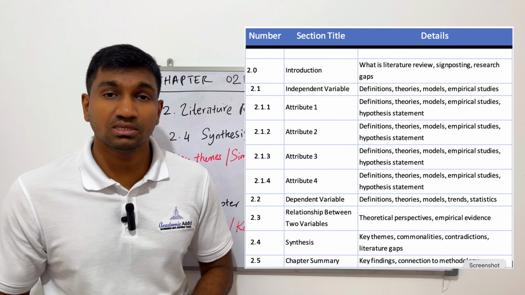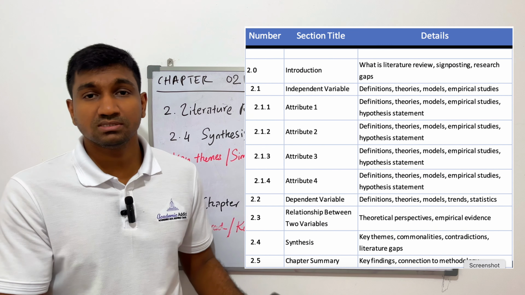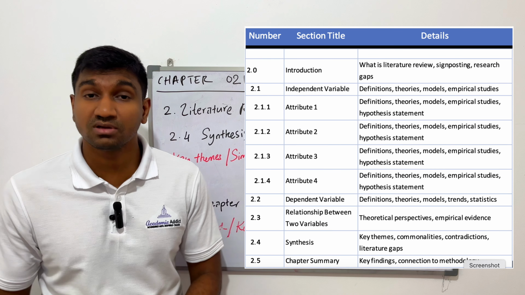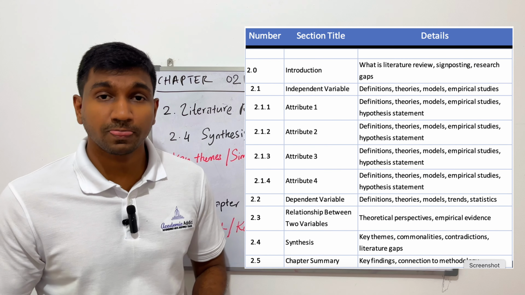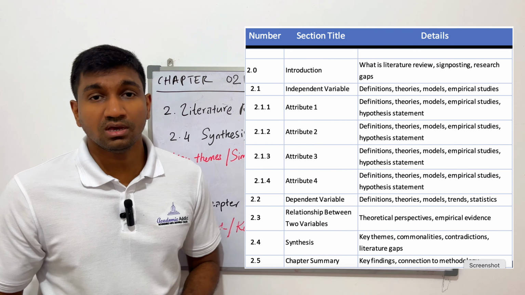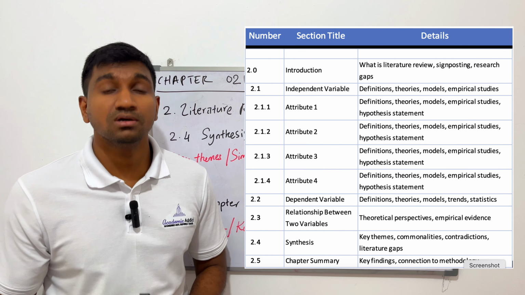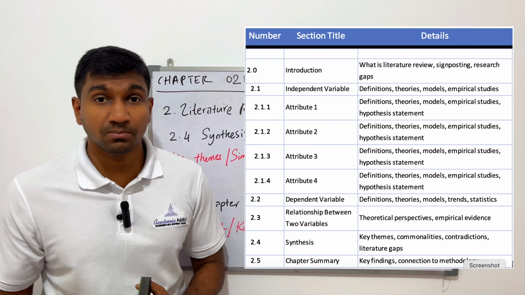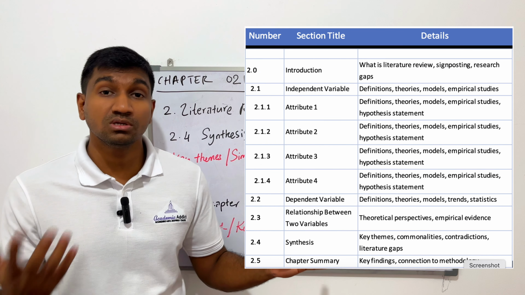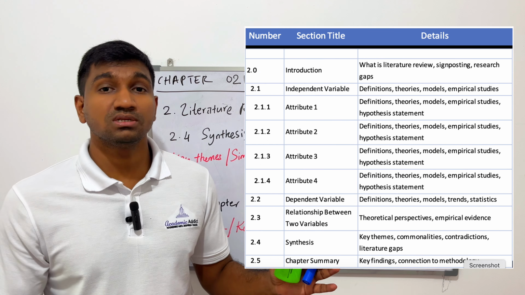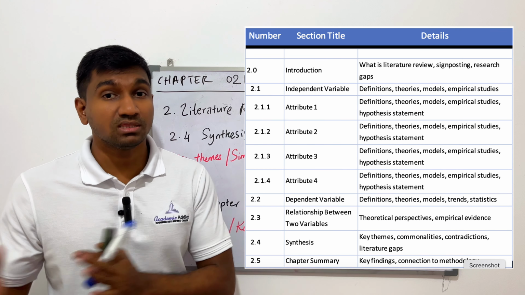As you can see on the screen, I have summarized the same sections we have covered, so that if you want to make notes, you can have this table as well. Also make sure that you bring a good number of citations, because this is where you have to use a lot of citations. You have to use secondary data a lot here, not like in other chapters.